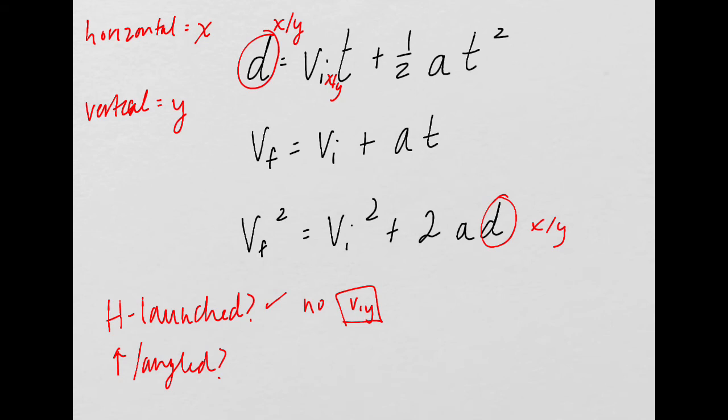So then we're going to have to cancel out all of our initial vertical velocities when we're solving for the vertical component. When we're solving for the horizontal component, we always have VIXT. That's going to be the same no matter what type of projectile we're looking at. So these are the three equations that I'm going to give you, and then you're going to have to determine how you correctly rewrite them, and then what components get canceled out based on what type of projectile you're using.